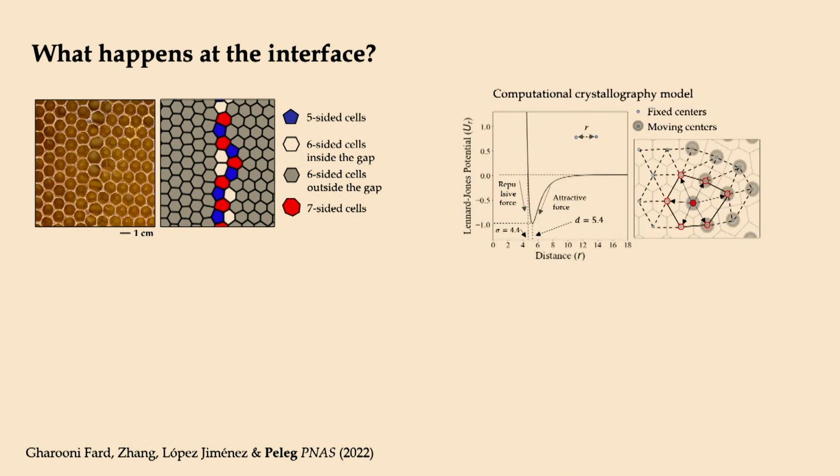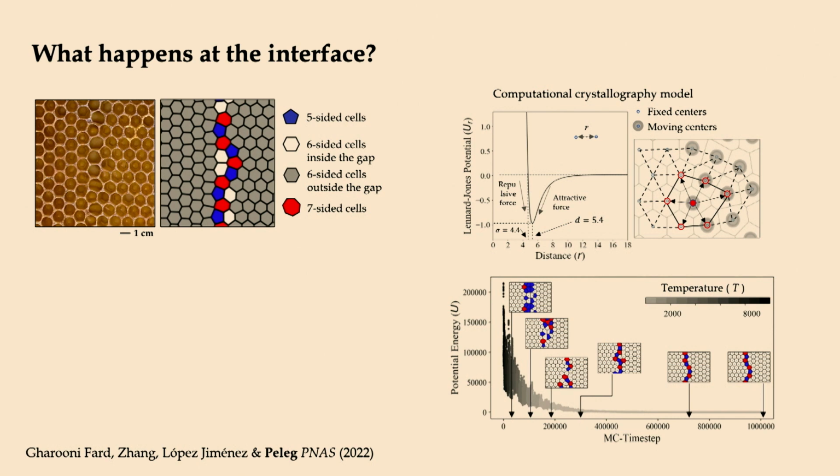And as it turns out, and maybe some of you already recognize this, it's a really similar result to what we would expect for a simple crystal structure simulation with Lennard-Jones interactions. And here is an example of that simulation. What we simulate is the centers of the cells, and they can move around and interact with each other using a Lennard-Jones potential.